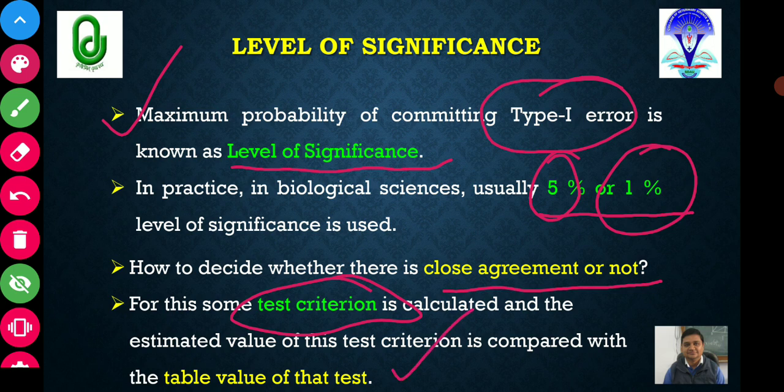What is the table value? The table value is from the probability distribution table, which we discussed when we were discussing probability distributions. With a certain level of significance, we will see the value in the table, and compare our calculated value with the table value, and then decide whether our calculated sample parameter is close to the population parameter or not.